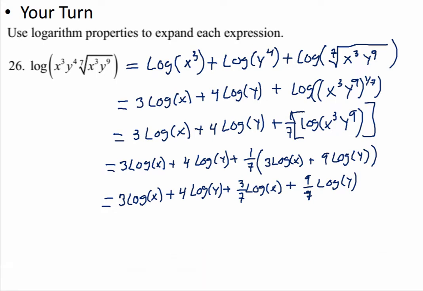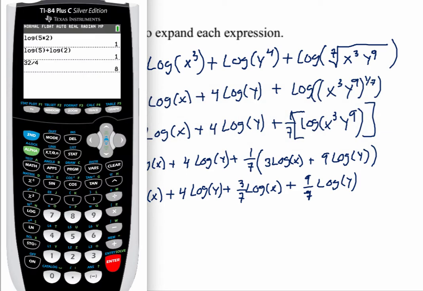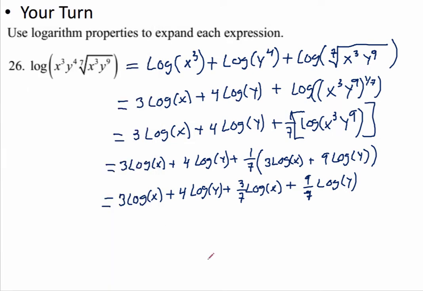Now we can do a little more simplification here to write this up a little bit cleaner. We can get those logs of x's and logs of y's mixed in together. So if you notice that the first log of x is a 3 log of x, if I take 3 log of x plus 3/7 log of x, that's going to be 3 plus 3/7 of a log of x, and I want that back as a fraction, which is going to be 24/7 log x.